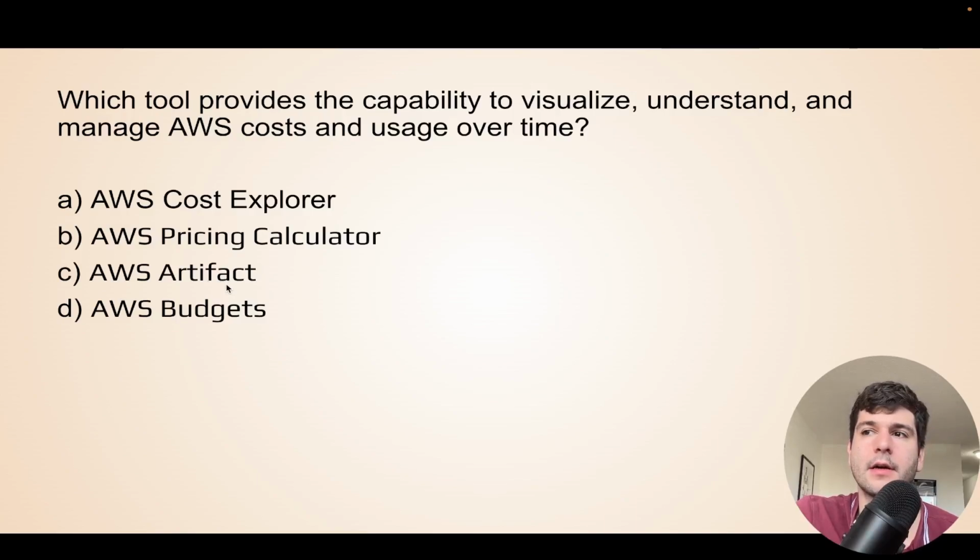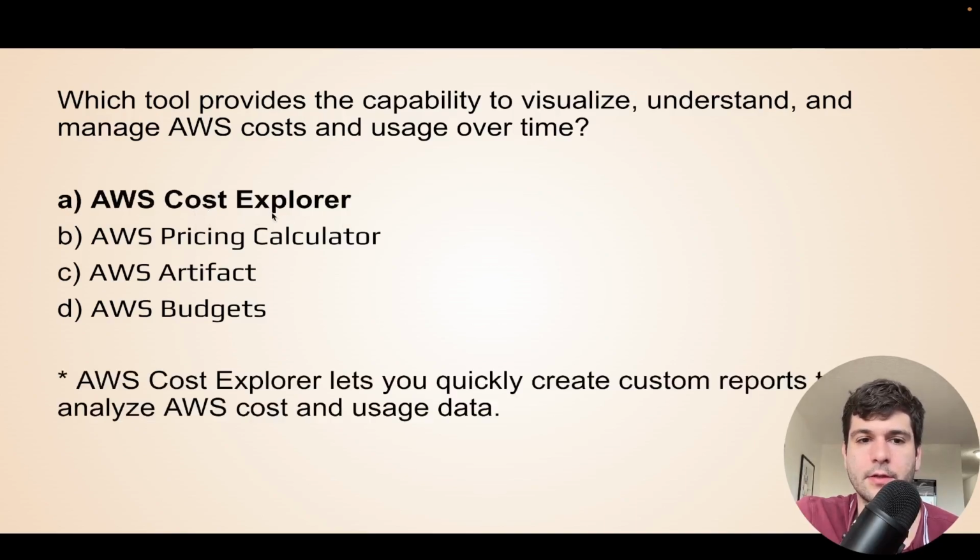Artifact is like compliance related stuff. It gives you compliance information. And then budgets is about setting these budgets and stuff. Cost Explorer is the only one that lets you create custom reports and analyze AWS cost and usage data. So correct answer is A here.